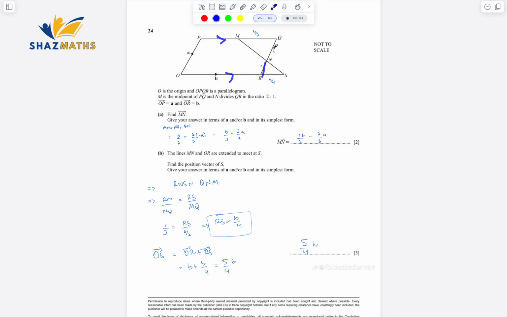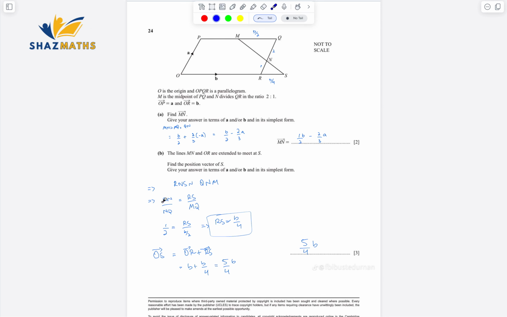We can see the similar triangles. Let me see how many marks it carries. All right, 3 marks, so I'm going to show everything. Triangle RNS is similar to QNM. So RN over NQ should equal RS over MQ, and RN over NQ is 1 by 2.